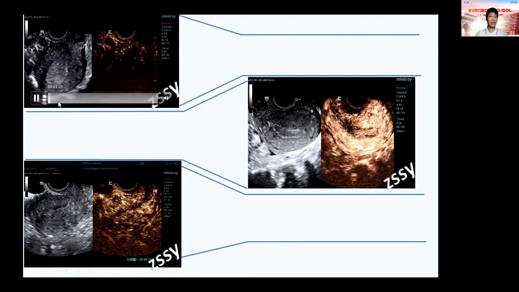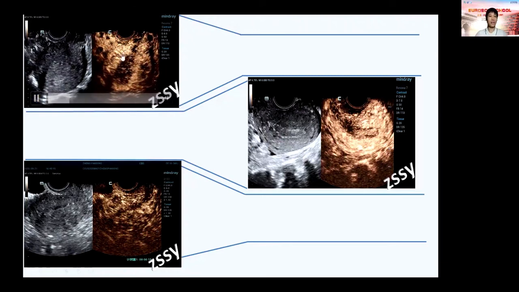We can clearly find that for case A, the enhancement mode is similar to the normal uterus. The perfusion sequence of contrast medium is similar to that of the normal uterus.